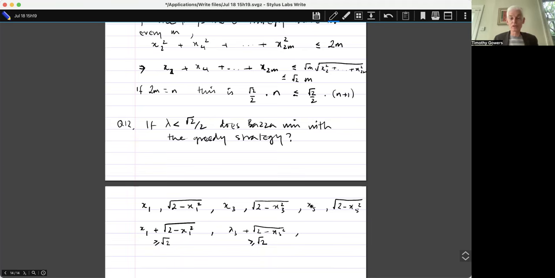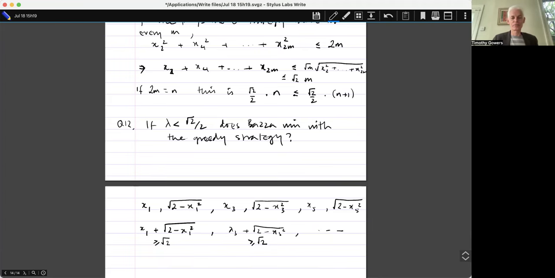So x5 has to be less than or equal to lambda, and therefore less than root 2. So this argument can just keep going, which means that if Bazza plays the greedy strategy, then Alice cannot do better than the zero strategy.